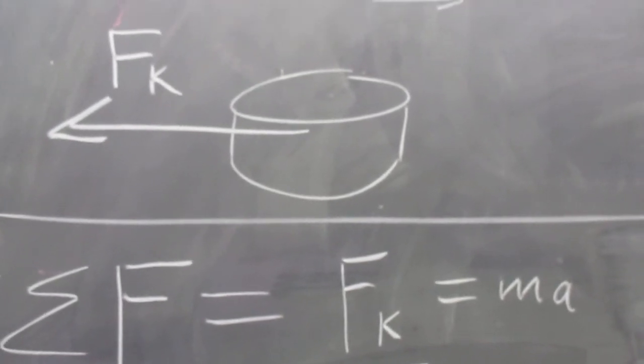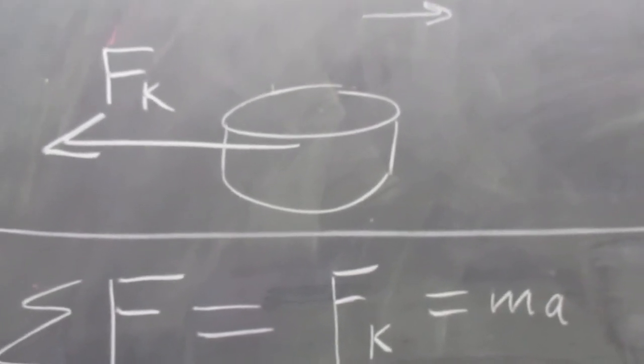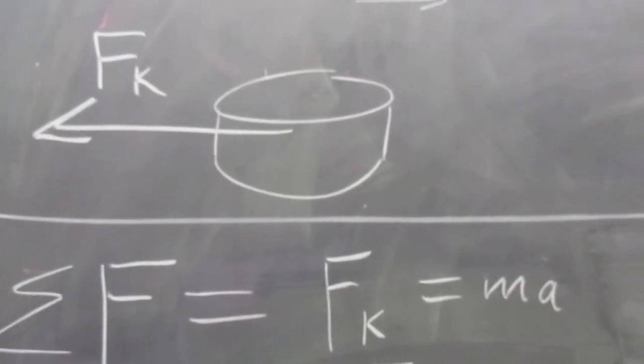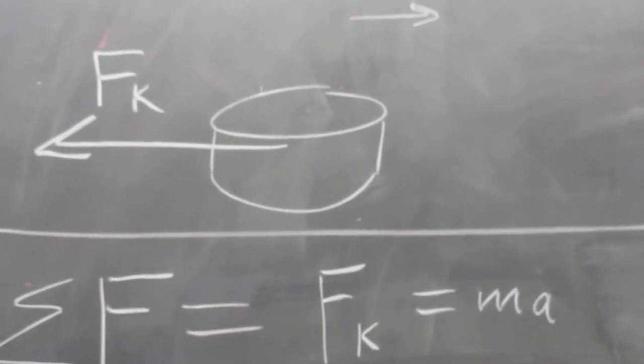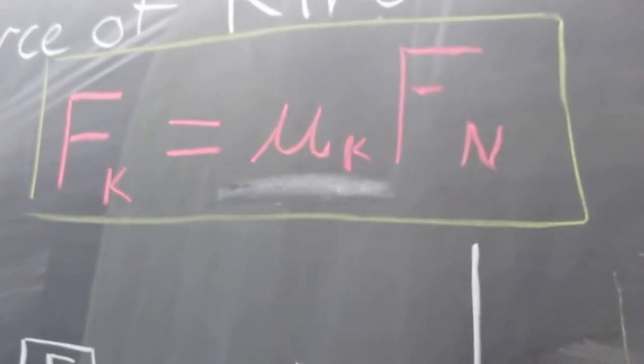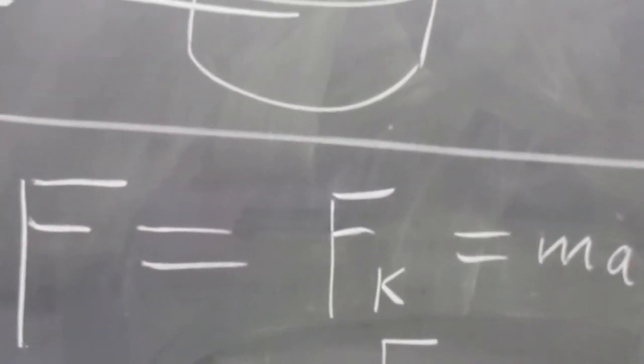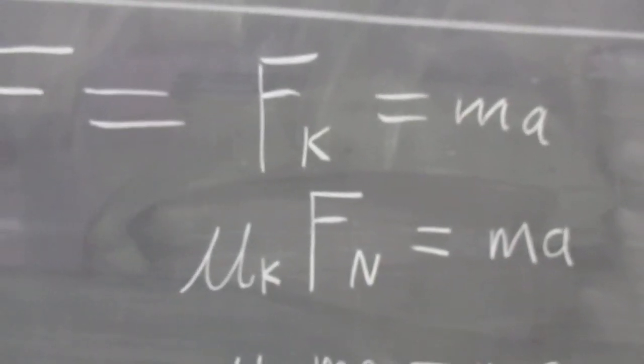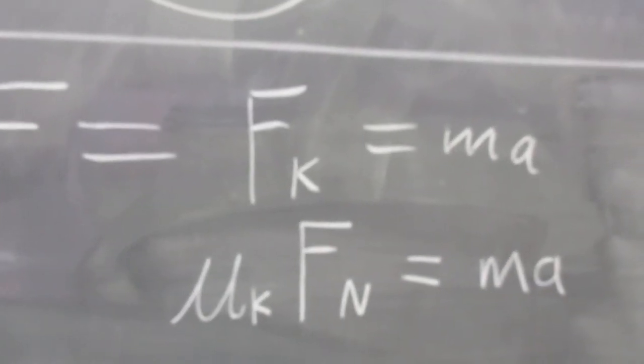That's when we start analyzing the problem. Recall the force of kinetic friction is mu sub k times the normal force, so we can rewrite that as mu sub k times the normal force equals mass times acceleration.